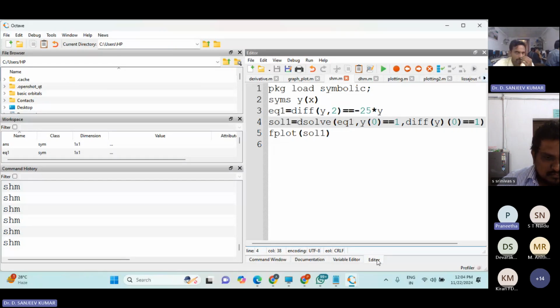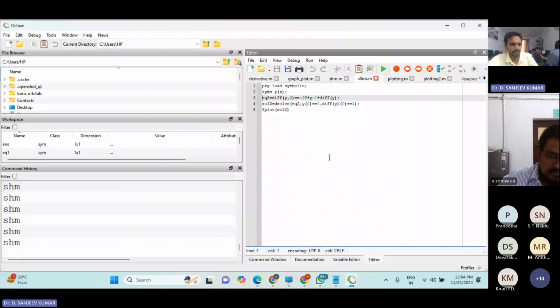So these kind of equations we may come across even in electricity while solving for LCR equations. LCR oscillatory circuits also will have similar type of differential equations. So we go for damped harmonic motion. So I'm using similar equations.